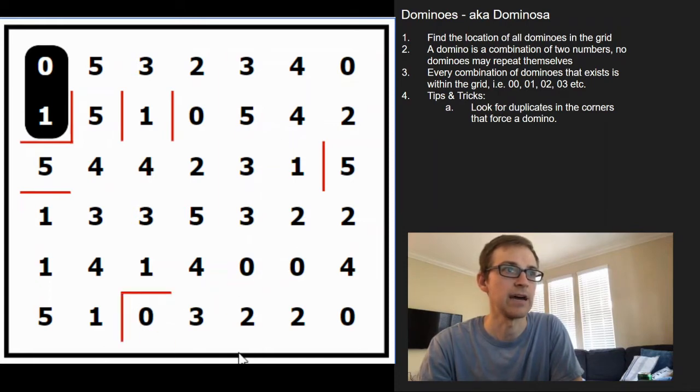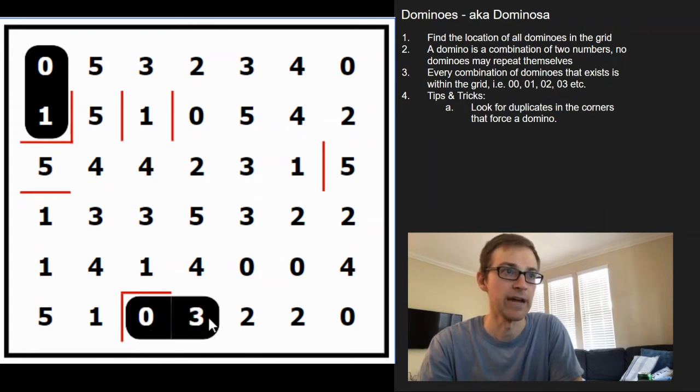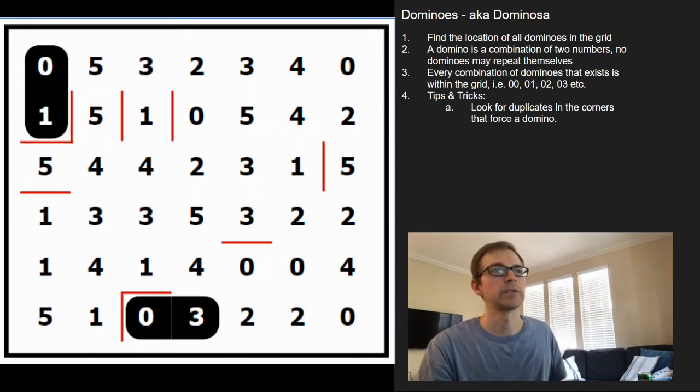And like that. And that's forced another domino. So this 0 now has to come to the right. And we repeat the process again, drawing a line between any of the 0s and 3s.